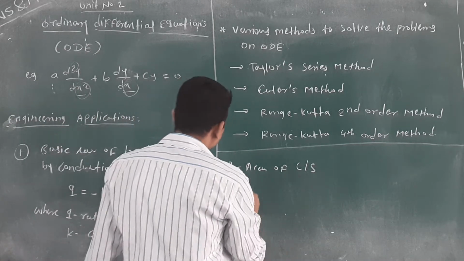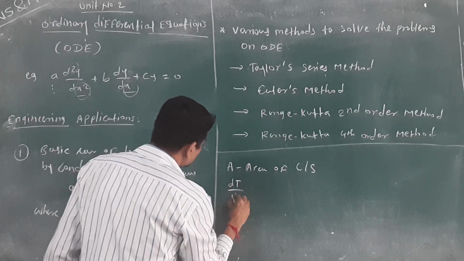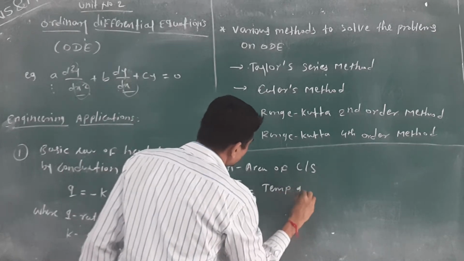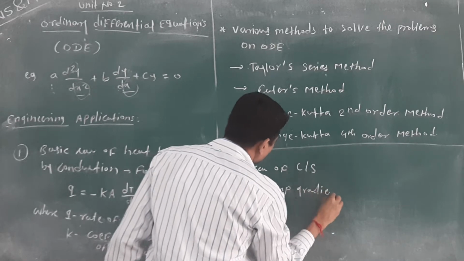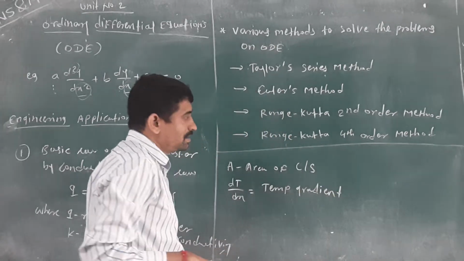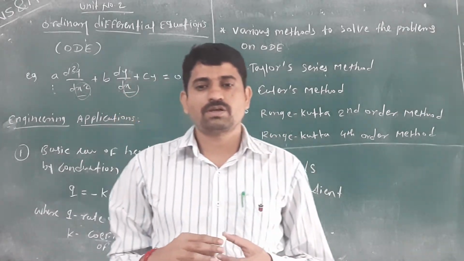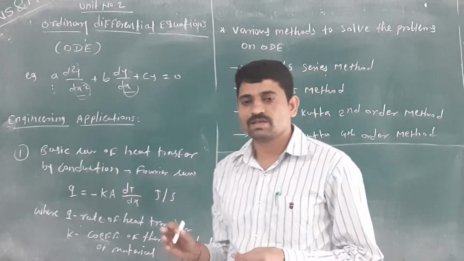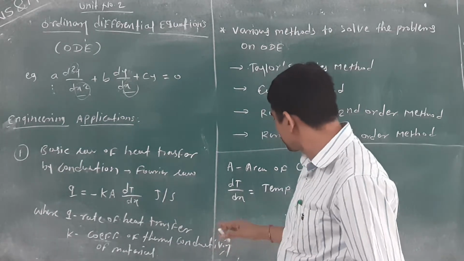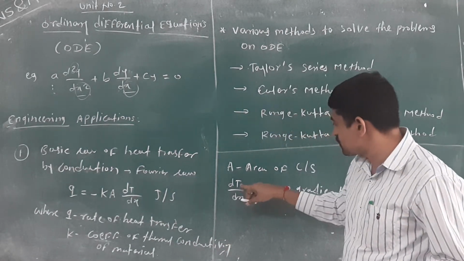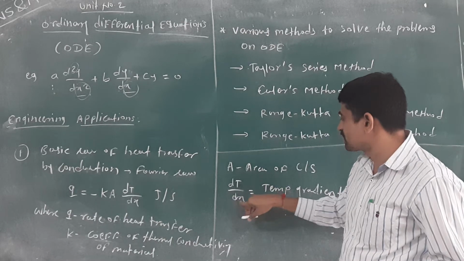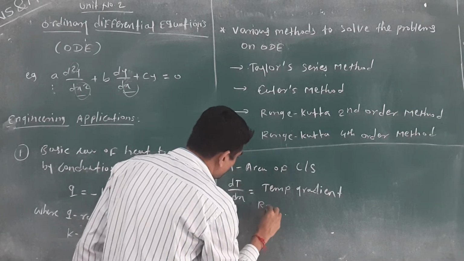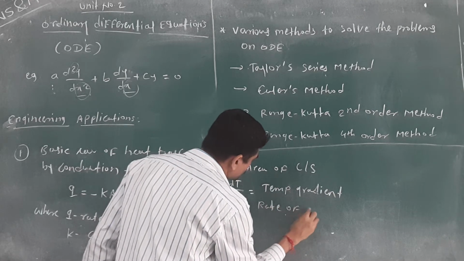And what is dT by dx? dT by dx is the temperature gradient, that is, the rate of change of temperature T with respect to distance x.